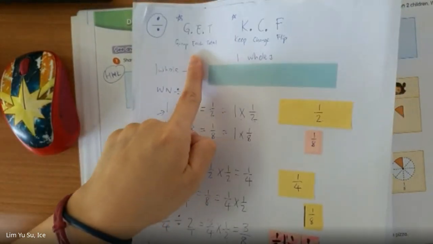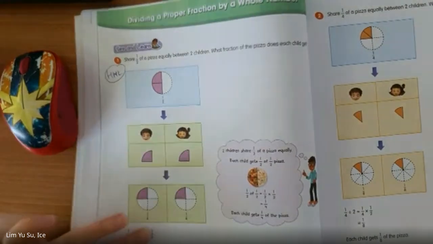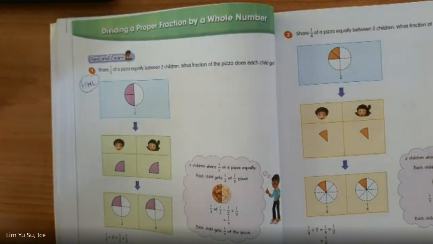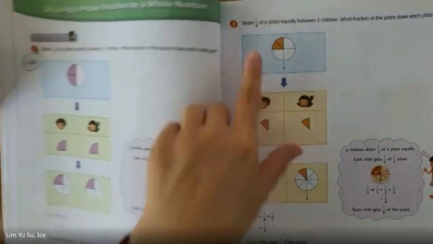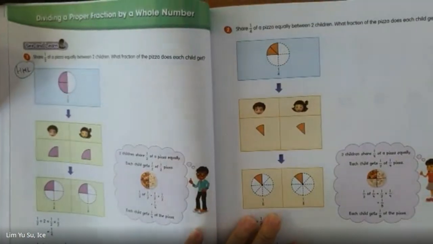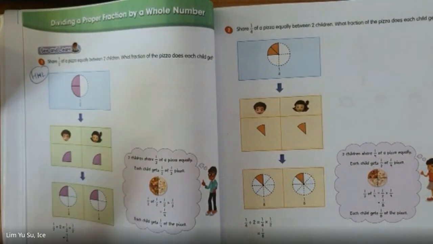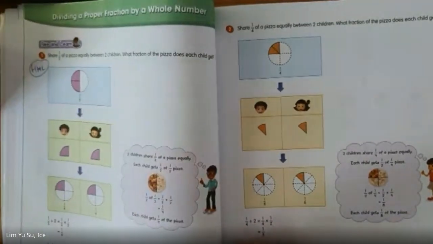Here, KCF. Now, I would like you to take a look at your textbook and see if you can find the KCF. Can you flip your textbook now and see where in the textbook you can see KCF? Can you put the worksheet aside first? Yes, flip through your textbook.